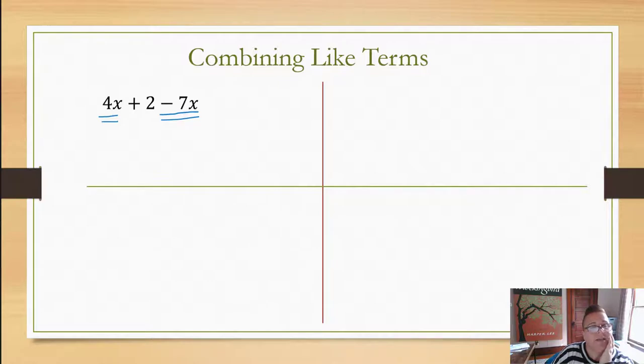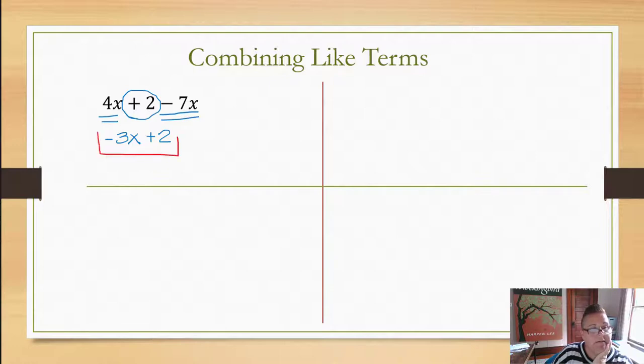So if I do 4x minus 7x, that's going to give me a negative 3x. And that plus 2 doesn't have a like, so I'm just going to bring it down with a plus 2. Now, I cannot combine my 2 without a variable to my negative 3x. So I'm just going to leave this as it is.